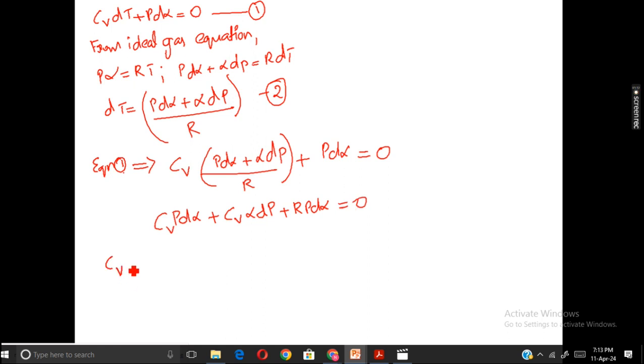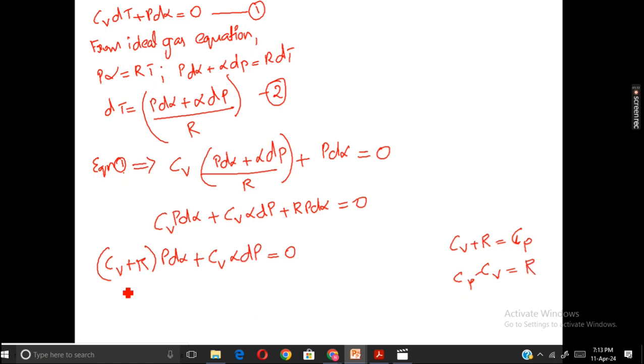From here we can write (Cv plus R) into P d alpha plus Cv alpha dP is equal to 0. Cv plus R is basically Cp, since Cp minus Cv is equal to R. This is a known relation. If we substitute it here, Cp into P d alpha plus Cv alpha dP is equal to 0.